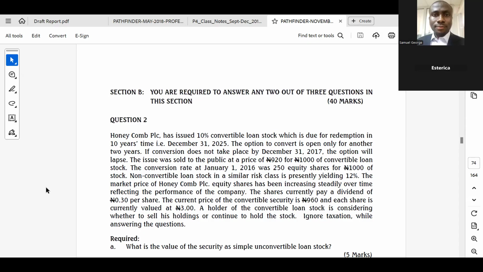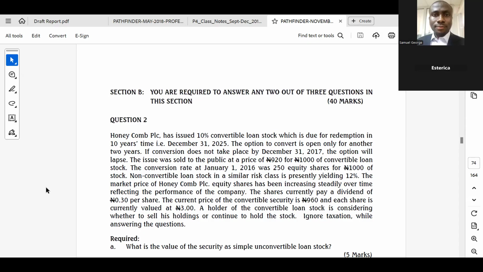The price at which the loan stock was sold was 920. So what it means is that you as an investor subscribing to the loan stock bought every 1,000 at 920.